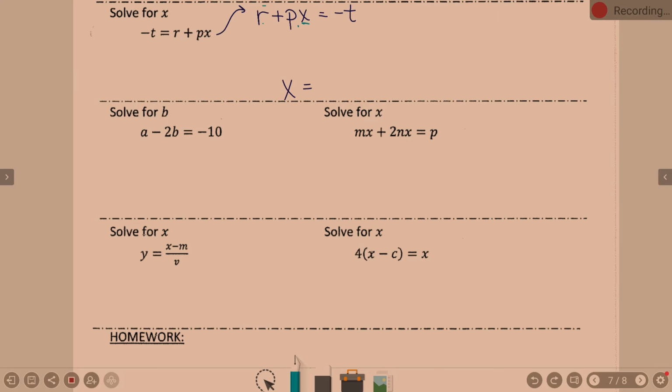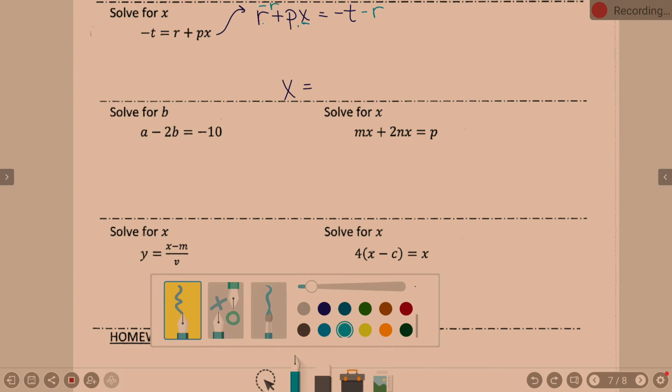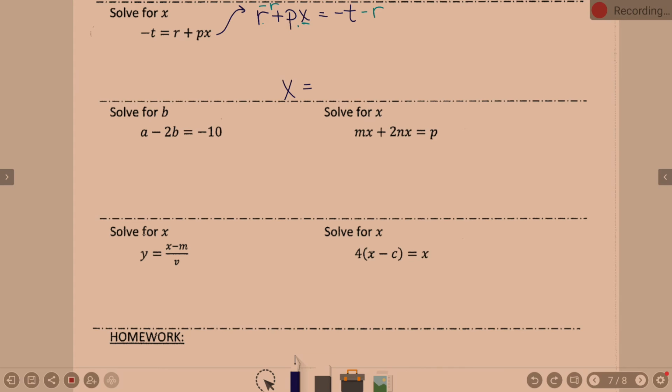If I subtract r on the left, we're going to subtract r on the right. See, just because we throw extra letters in, this is the same thing you've been doing the last week. Why put letters in the first place? Okay. R minus r is, if I have r and I take away r, I have 0, nothing.